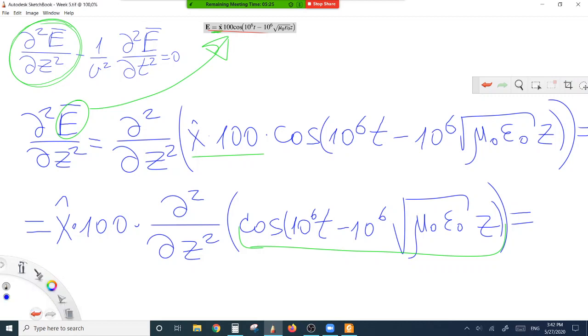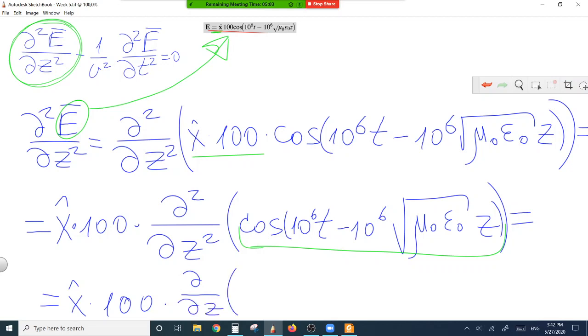First, let's take the first derivative. If we take the first derivative, what do we have? Here we have x multiplied by 100. If we take the first derivative, there remains only dz. The derivative of cosine is minus sine, and the derivative of the argument with respect to z is minus 10 to the power 6 multiplied by square root of mu 0 epsilon 0.